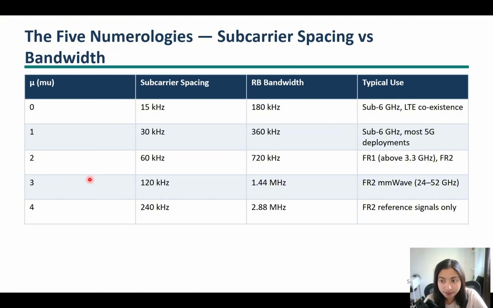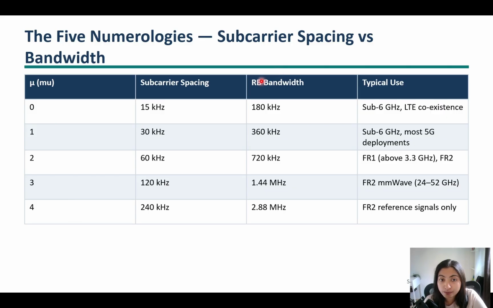As we increase the numerology, the subcarrier spacing doubles each time. Mu equal to 1 is 30 kilohertz. This is actually the most common numerology used in 5G deployments in the 3.5 gigahertz band. Mu equal to 2 is 60 kilohertz, mu equal to 3 is 120 kilohertz, and so on and so forth.